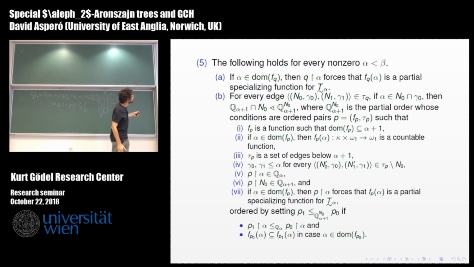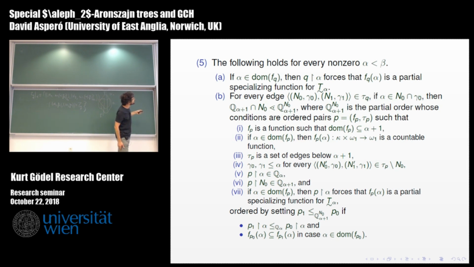Now, p restricted to alpha is in q alpha, fine. p restricted to n0, and this means the natural thing: you restrict the tau thing to n0, and for the function you restrict the domain to n0 and then take the intersection. This restriction is in q alpha plus 1. So again, that makes sense.